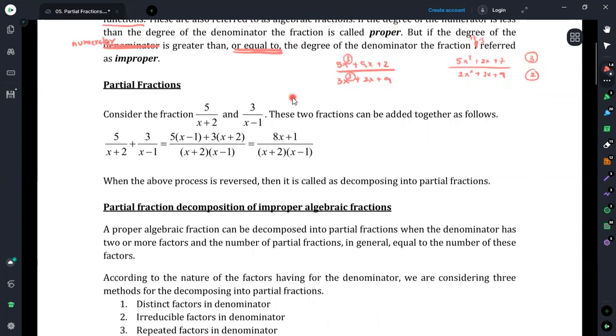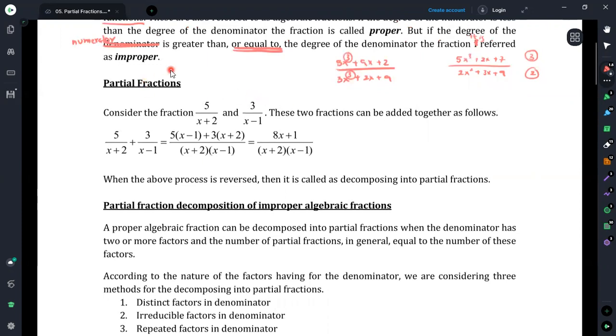Now we will move on to discuss the technique of partial fractions. Suppose you have algebraic fractions given as 5 over x plus 2 and 3 over x minus 1. Here the numerator 5 is equal to 5 times x to the power 0.